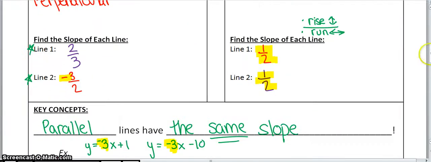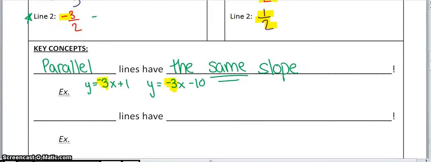So what do you think the relationship is between these two? They're for sure not exactly the same, but I notice one's positive and one's negative. This is positive, this is negative, and they have the same numbers. This one is 2 on top, this one is 2 on bottom, 3 on top, 3 on bottom. So we're talking about perpendicular lines here. What's the relationship?